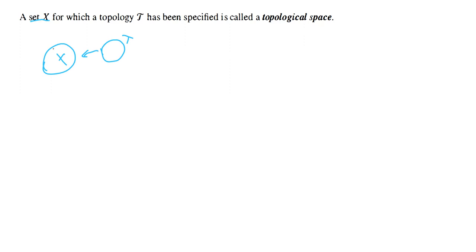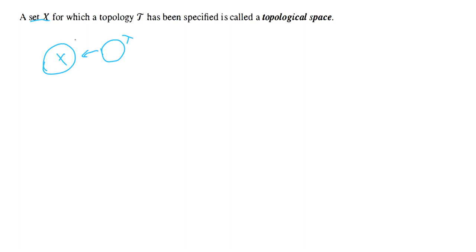So if we have only a set X, it is very tedious, very trivial. We cannot do a lot of things over a set X. Then we use the three properties above to build a topology T for X. And this topology T gives this set X a special structure and makes it into a space.